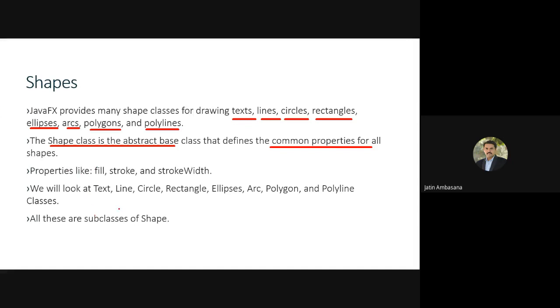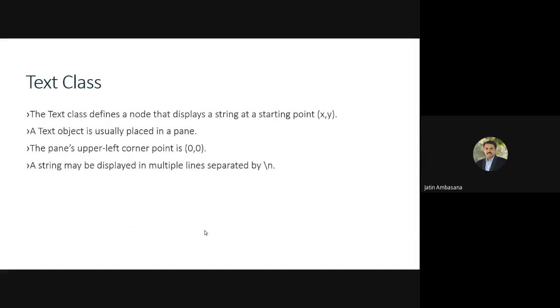Now we'll look at all these classes. These all are subclasses of shape. So first let's take the Text class. Text class basically defines a node. A node can be added to a container, right? Like a pane.